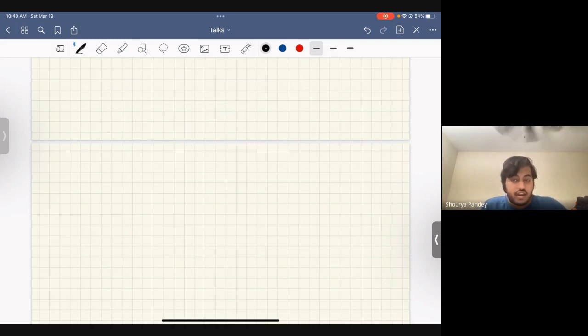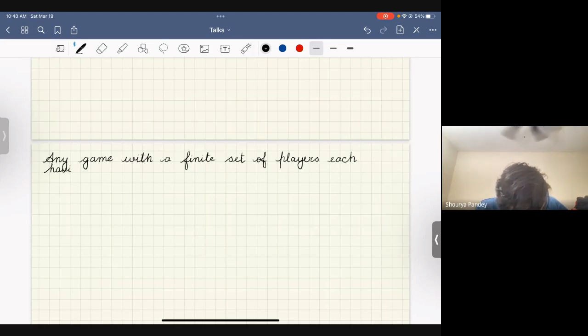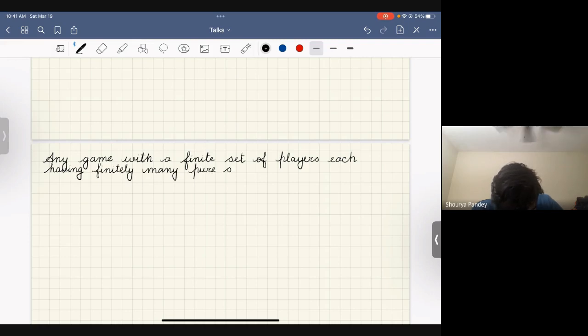So the theorem is that any game with a finite set of players, each having finitely many strategies, and when I say finitely many strategies, I mean pure strategies, has a Nash equilibrium.